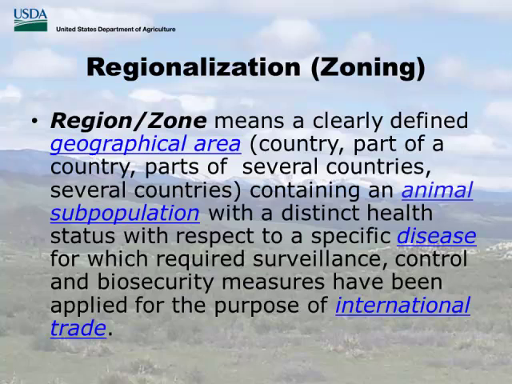But again, it has to be able to control and contain that subpopulation of animals in that region. And we're saying that they either don't have a certain disease or number of diseases. But again, it requires surveillance to make sure. It requires control and biosecurity methods to actually make sure that those things are happening.